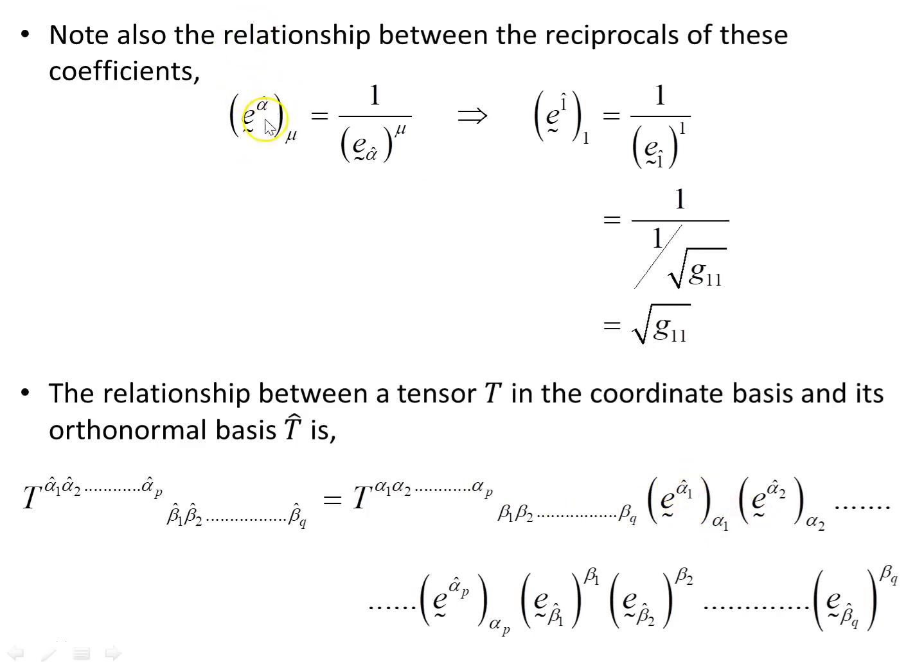Remember, that's this reciprocal thing, which is just 1 over these. And then for the lower covariant components, beta 1, beta 2 up to beta q, we multiply by these all the way up to q. For the alphas, it went all the way up to alpha p. Inside the parentheses are the orthonormal components, and then the alpha and the beta out here represent the number of the particular component we're after.